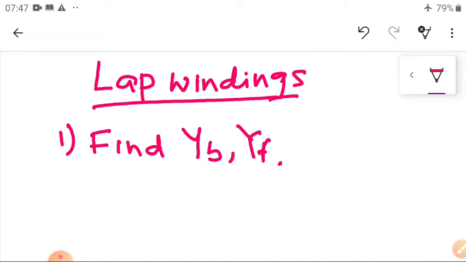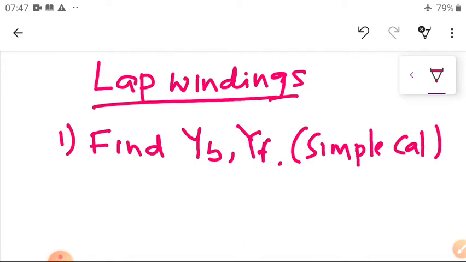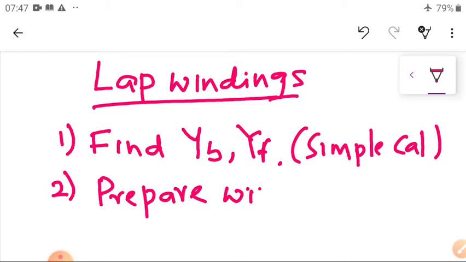That is the simple calculations. Second step, prepare the winding table.